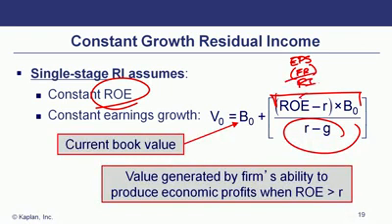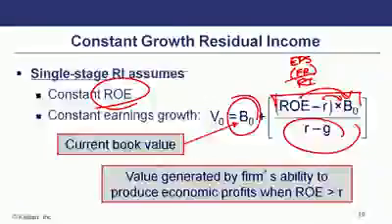Because why? ROE times book value per share is my EPS. The cost of equity times book value per share is my fair return. And doing both of those gets me to my residual income. Add it to the current book value. This is the value of the firm.